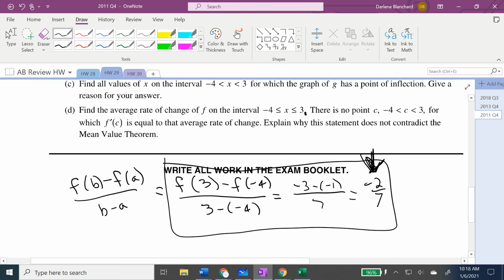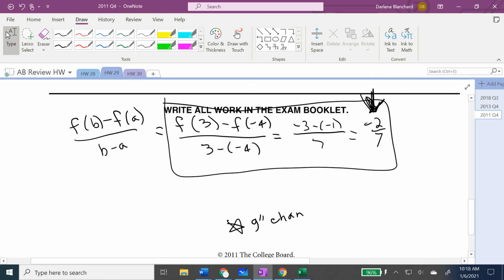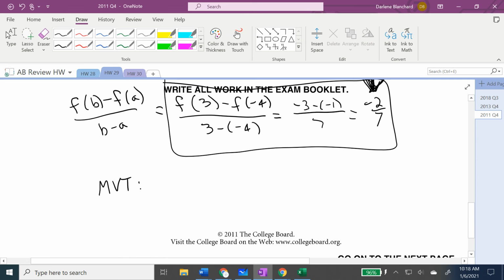Explain why this statement does not contradict the mean value theorem. You need to go back and remember, what is the mean value theorem? The mean value theorem says that you have to be dealing with a function that is continuous and differentiable.